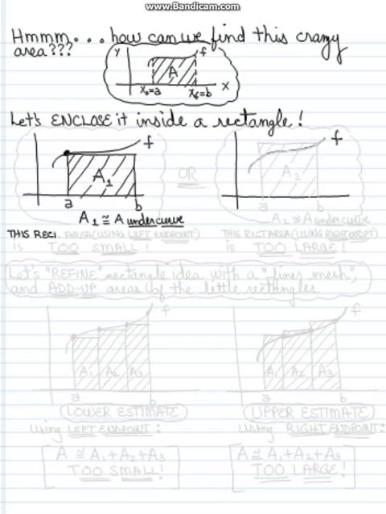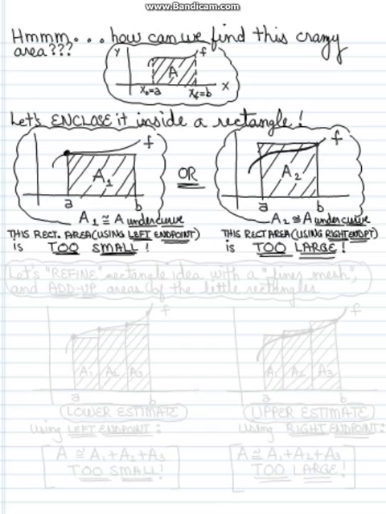This rectangular area using the left endpoint, as you see here, is actually a little bit too small, and that's fine. So let's consider the other possibility. Let's go to the right endpoint, which is going to be a little too big.